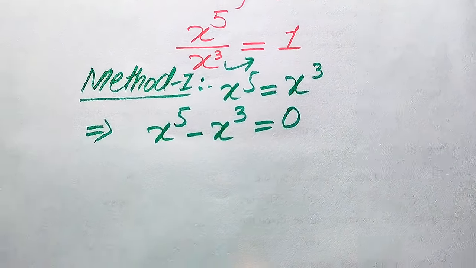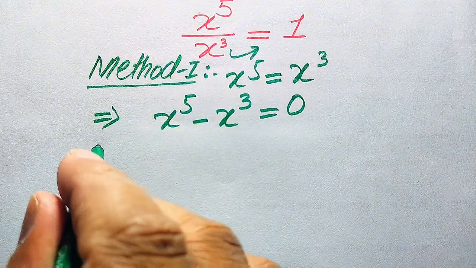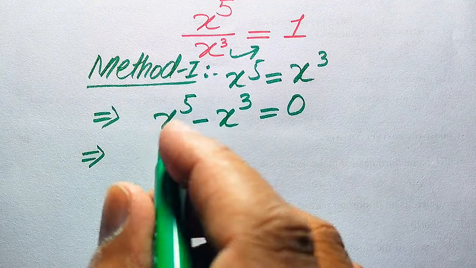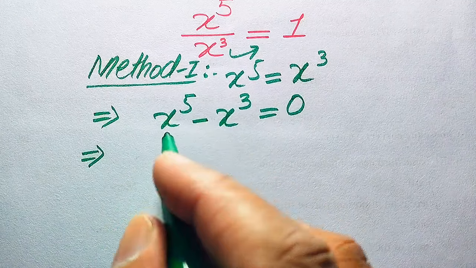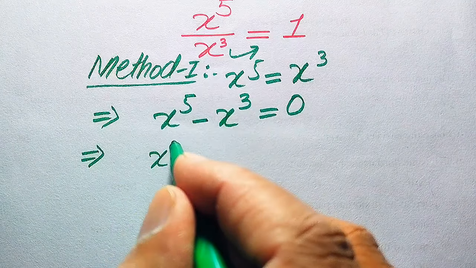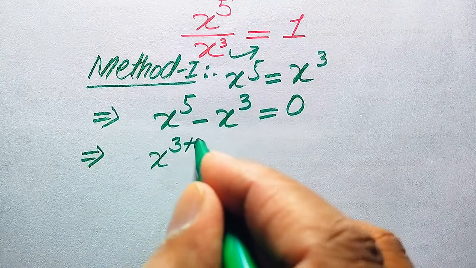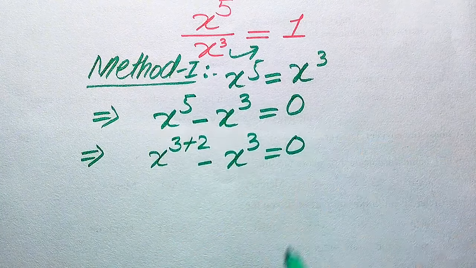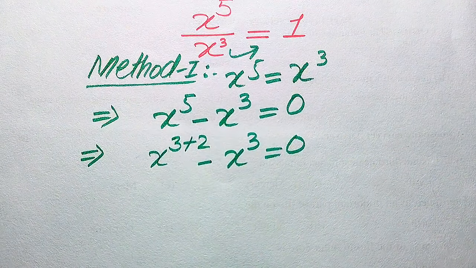And here in the next step we need to break this exponent, and the exponent of this term is 5. So it will be written as x to the power of 3 plus 2 minus x cubed equals 0. And here we use the nice exponential law.